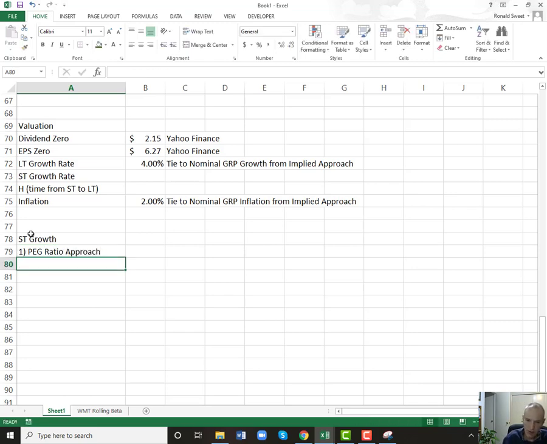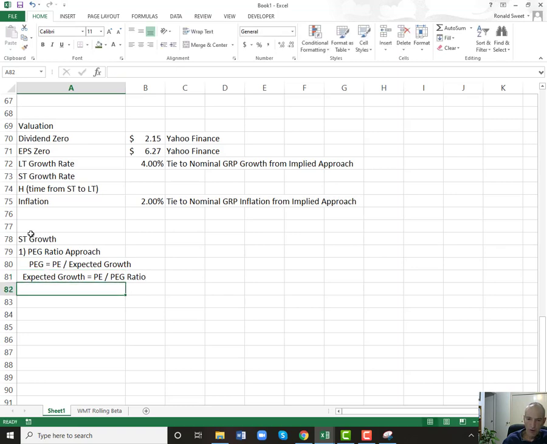With the PEG ratio approach, we know that the PEG ratio equals the PE ratio divided by expected growth, probably over the next 5 years. And so what we can do is, that gives us expected growth will equal the PE ratio divided by the PEG ratio. And that will give us expected growth.